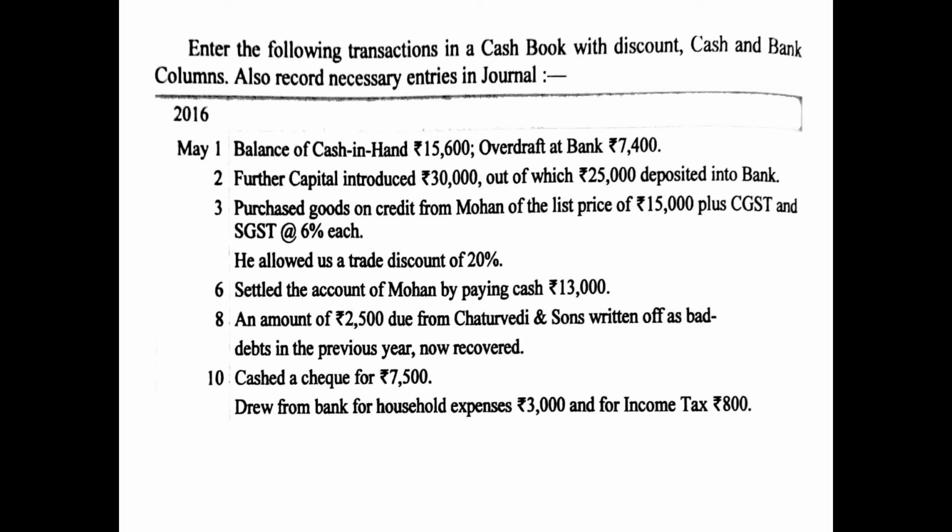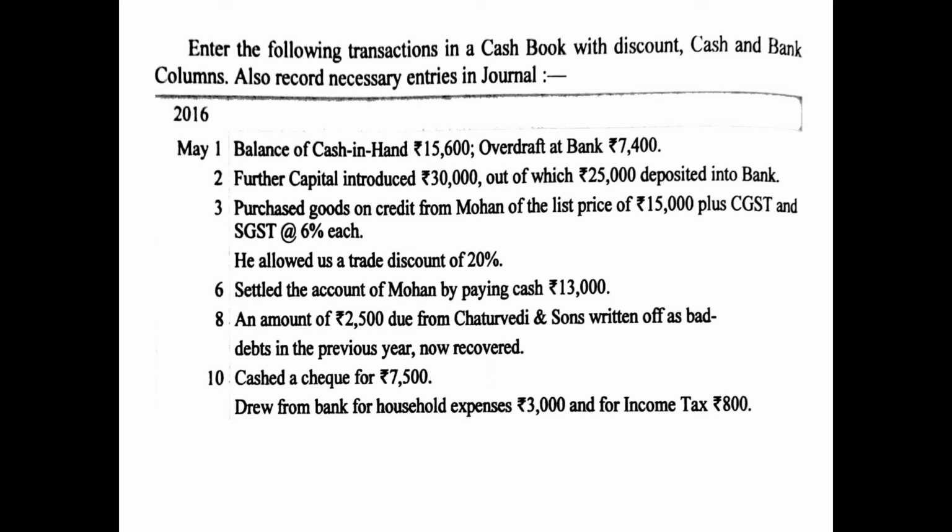On 12,000 you are paying 6%, that is 720 of CGST and 720 of SGST. That means altogether the amount spent is 13,440, which is the amount you have purchased goods from Mohan.